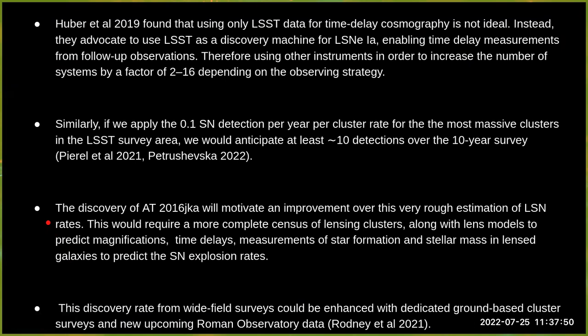Basically, this result from Huber says that Rubin could be used as a discovery machine for lensing supernovae. But in order to increase the numbers, follow-up observations of the supernova discoveries should be done.